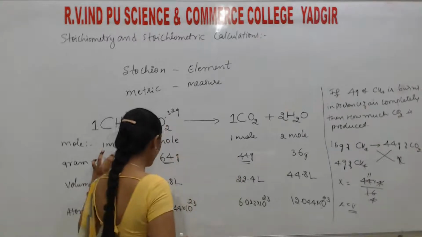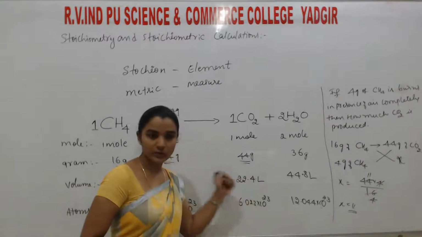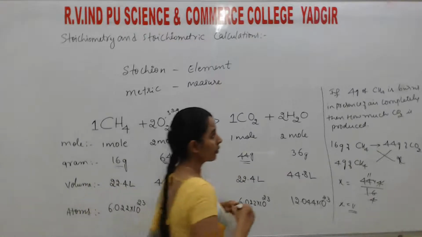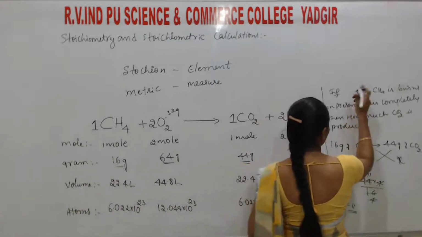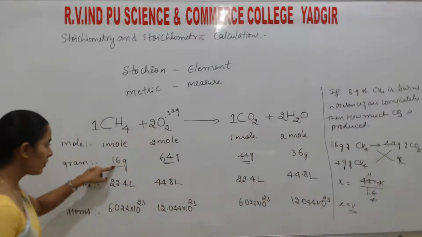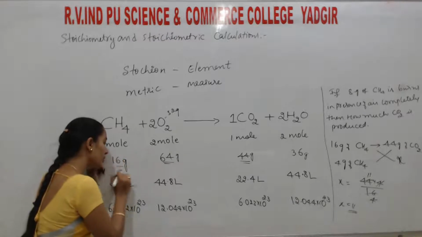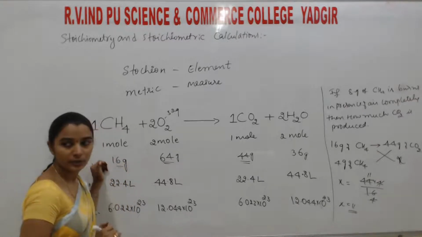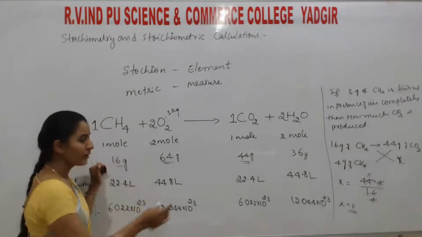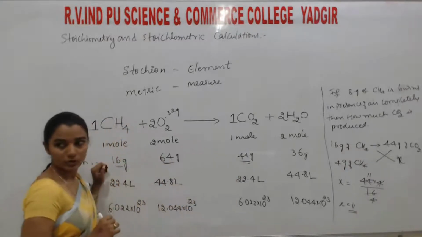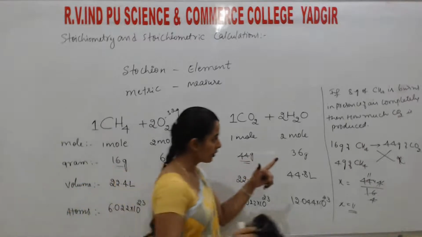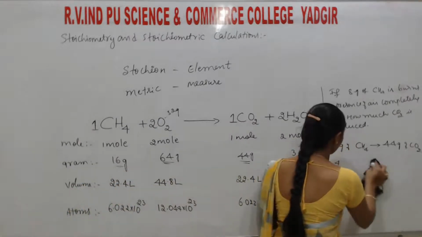This term is divided by 4, which means of course this term is also divided by 4. So instead of 4 gram, if you take 8 gram, before doing calculation I simply say 8 gram is there. For this to be converted to 8 gram, this 16 must be divided by 2. So 16 by 2 means 8 gram. Then this is also divided by 2. That means how much gram? 22.